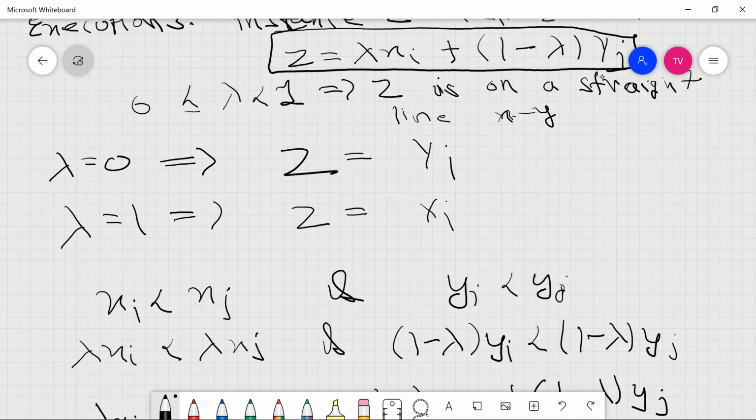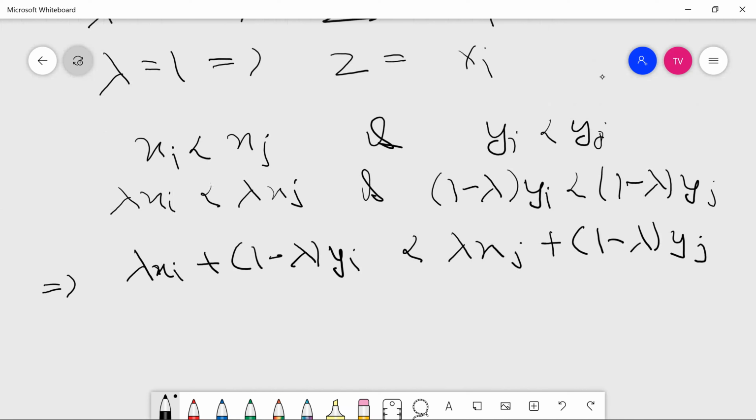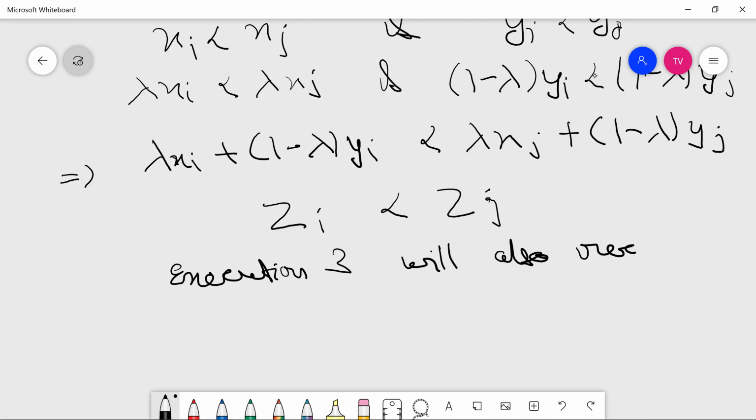So zi is less than zj, meaning that execution 3 will also reach leaf L. Thus R of L is convex.